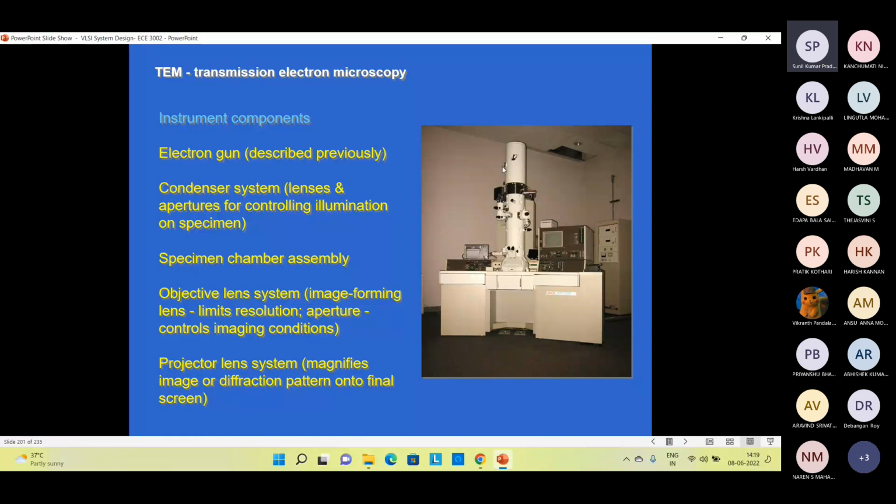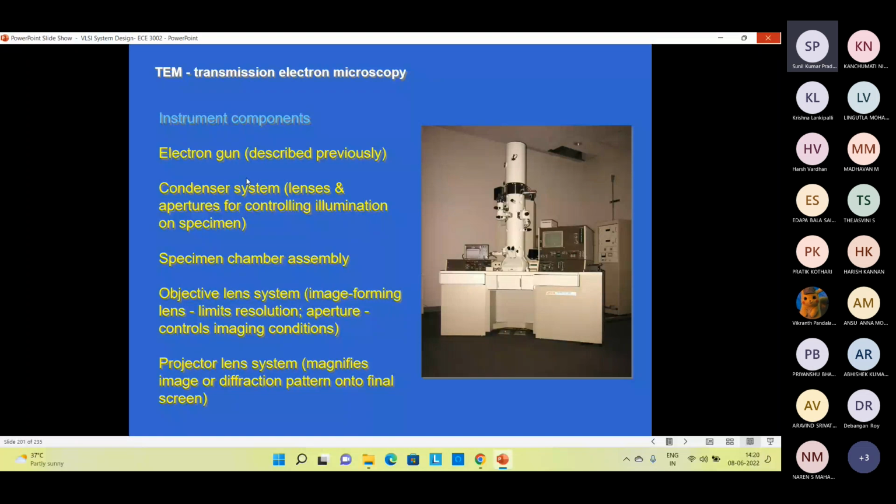This TEM basically uses a minimum 100 kV electron gun. Apart from this, we have sophisticated condenser systems, with lenses and apertures for controlling illumination on the sample, and the specimen chamber assembly.